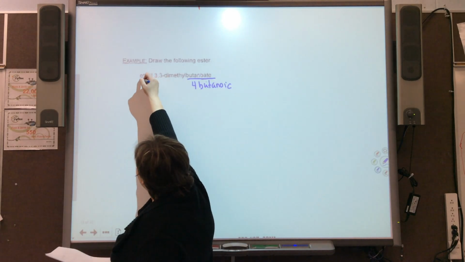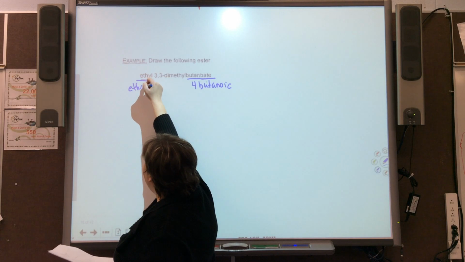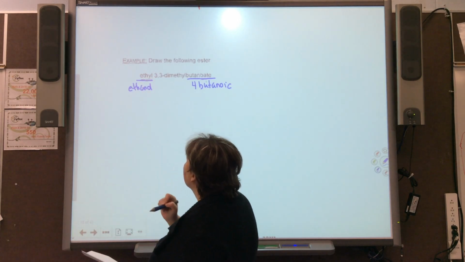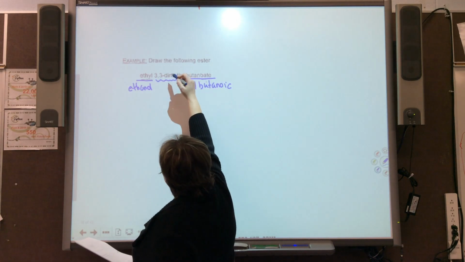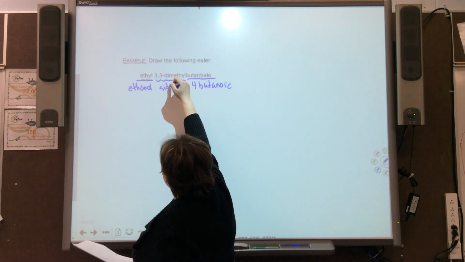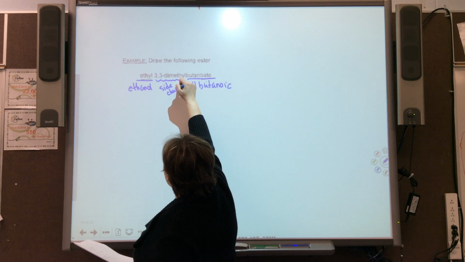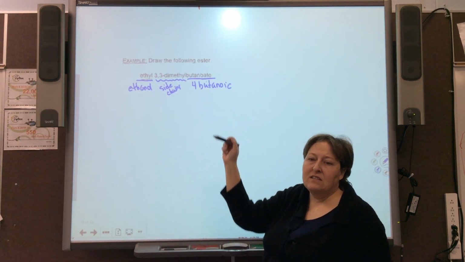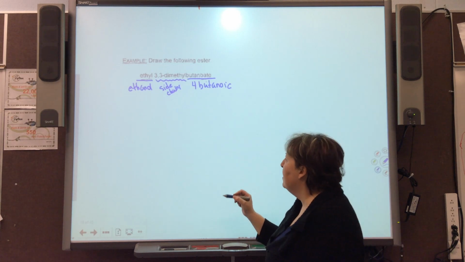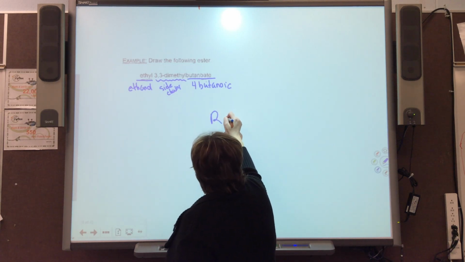And here's our ethyl, which is our ethanol. So there's our alcohol group. And then these guys in here are our side chains. Side chains always, always, always go on the acid one, the R, O, R prime one. So let's follow that pattern.